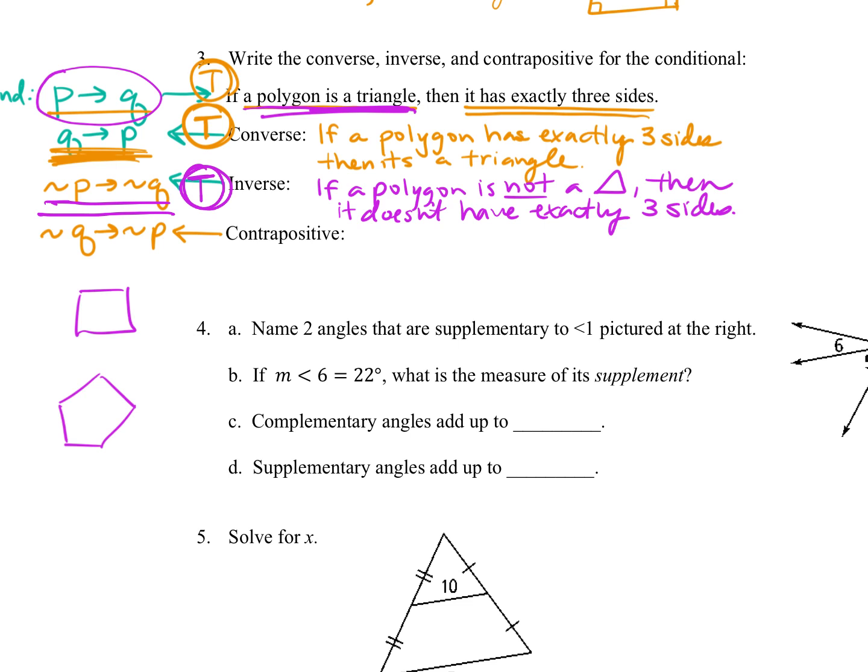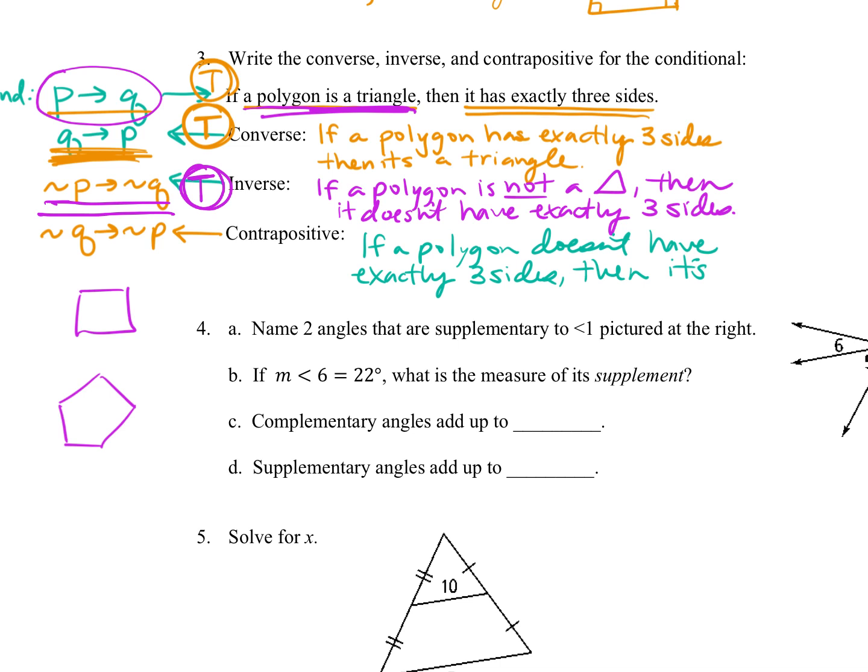Okay, and then the contrapositive would be what? If a polygon doesn't have exactly 3 sides, then what?